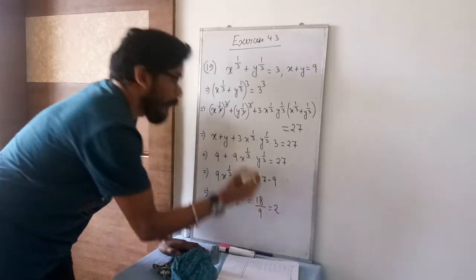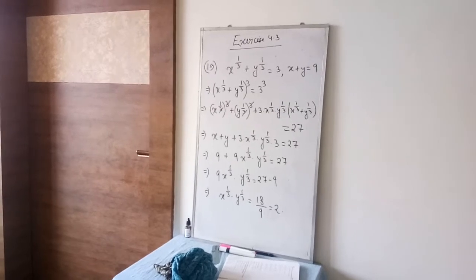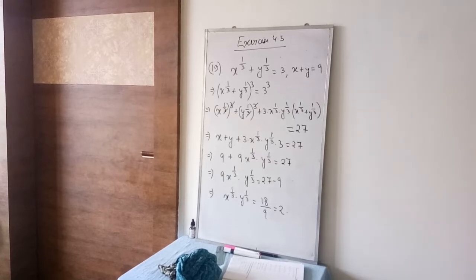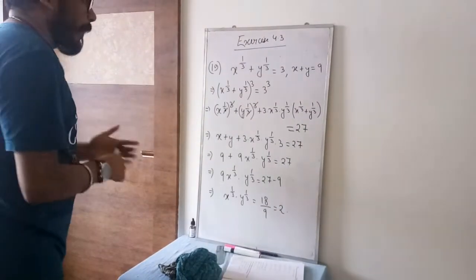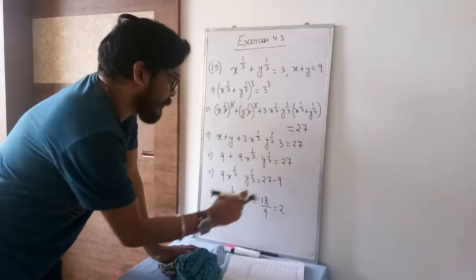So it is 2. So 9 you have to the other side, 27 minus 9 is 18.